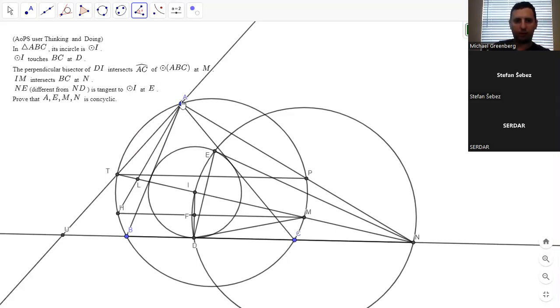I don't know, maybe L and M are isogonal conjugates here. No.